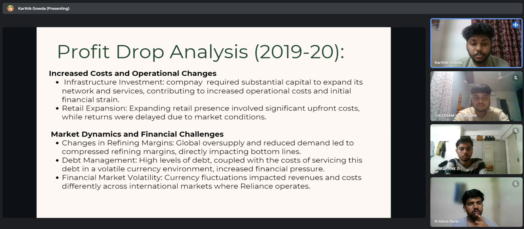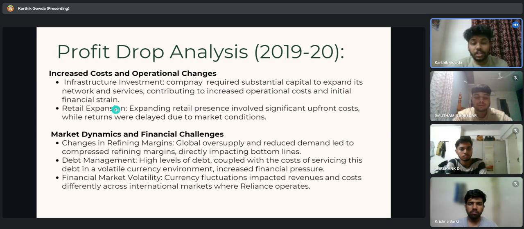One of the sectors is making an infrastructure investment. The company required substantial capital to extend its network and services, contributing to increased operational cost and initial financial settlement. So the operational cost and operating charges all increased due to this infrastructure investment.